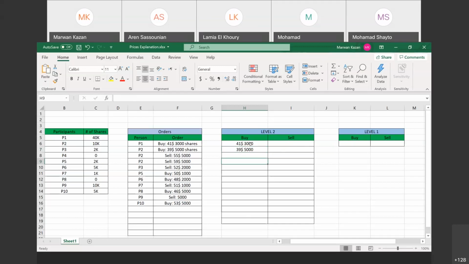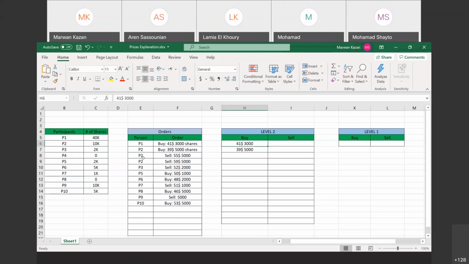You're gonna sell first to the buyer who's gonna buy your stocks for $41 or for $39. Of course, you're gonna sell to the 41 because he's gonna pay more. That's why in this table the 41 comes above 39. But what about first come, first served? If person 2 had sent an order at $41 to buy, then the order of person 1 would be above. But in terms of prices, things may change.